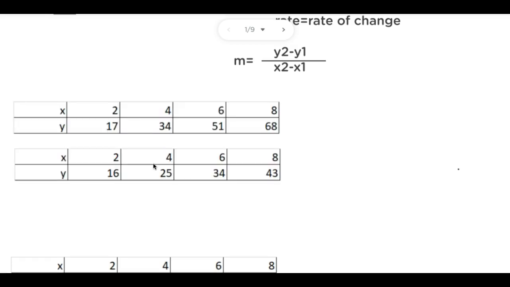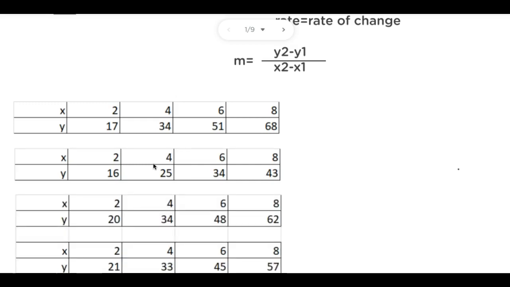Therefore, the constant of proportionality in that example was 8.5. First thing I'm going to show you is that if you use the slope formula, it will still give you 8.5.